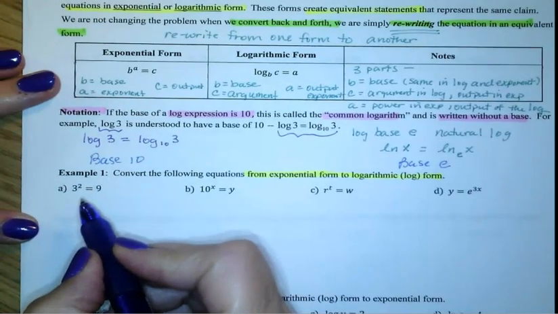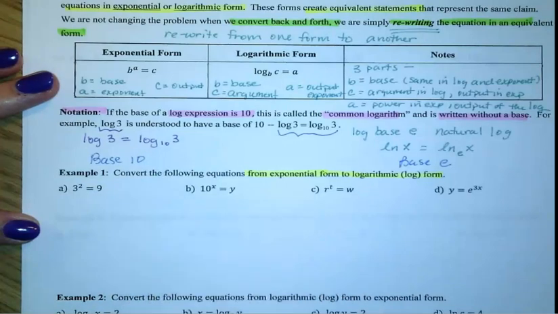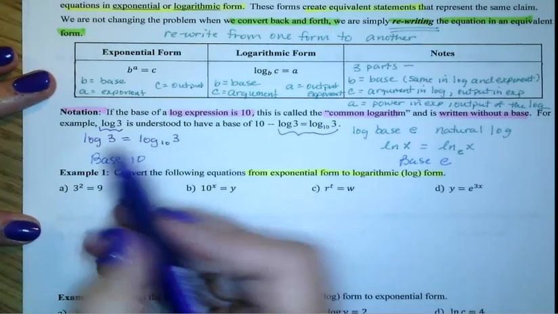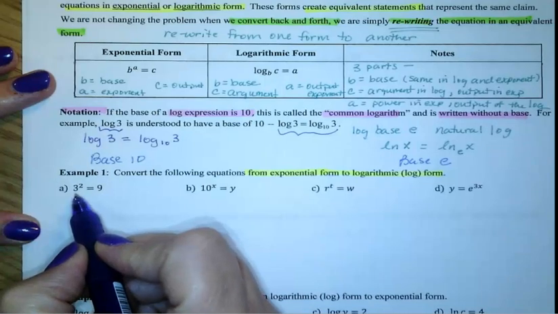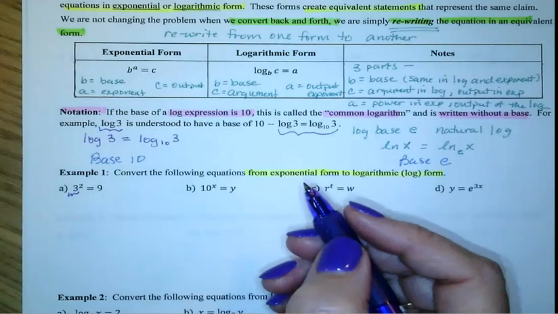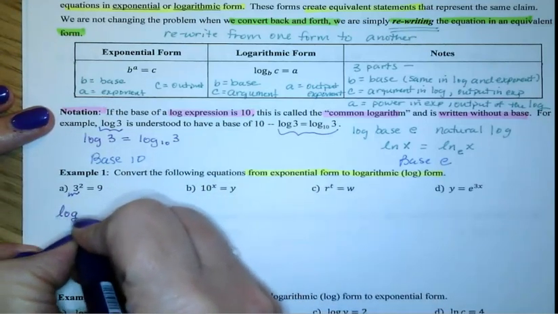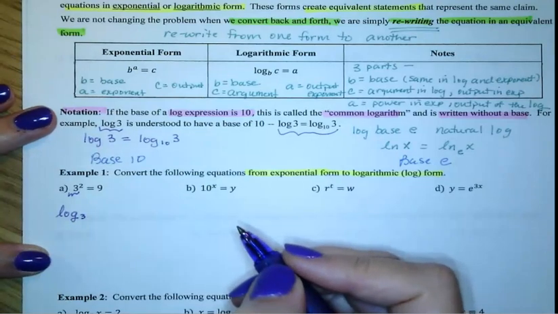So the basic rewrite says to start with finding the base so we can write the log. When I look at my exponent, I see that there is a base of 3 right here. So the base of the exponent will become the base of the log. I'm going to write log with a little subscript of 3.